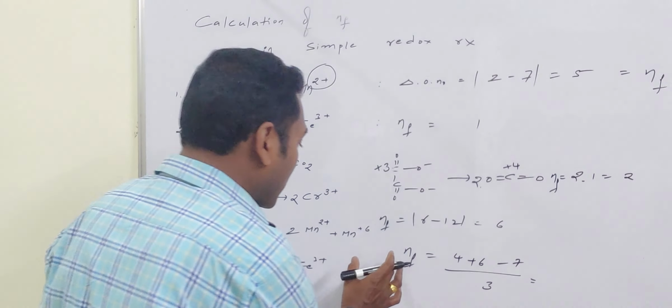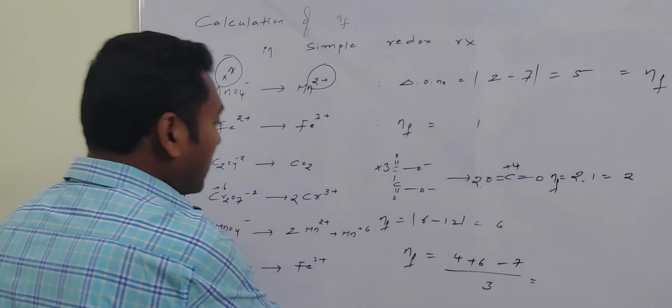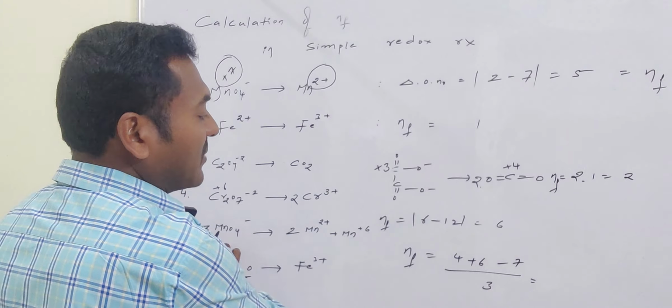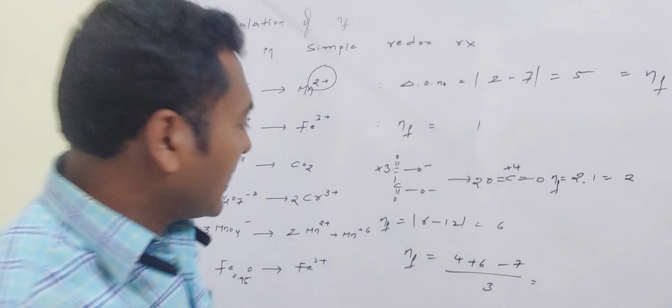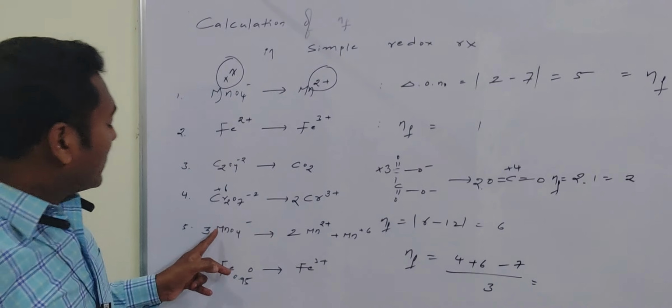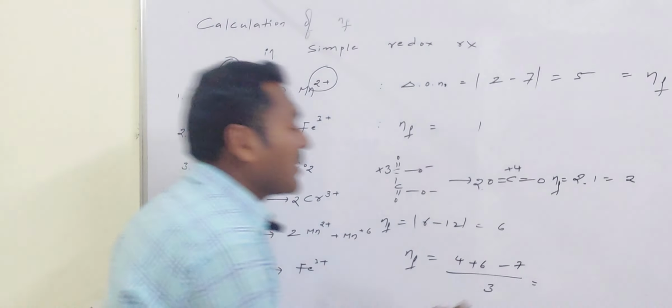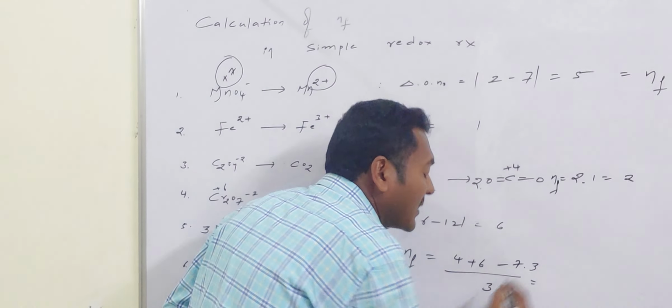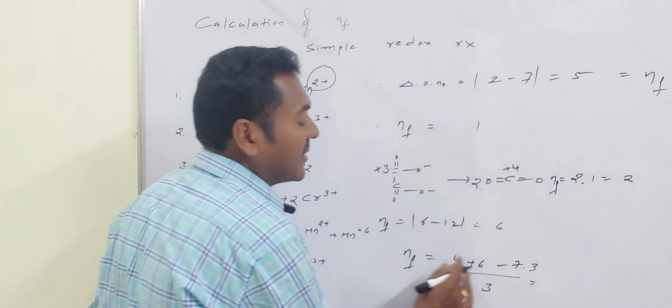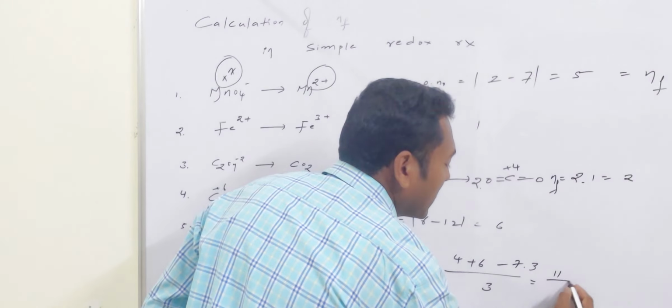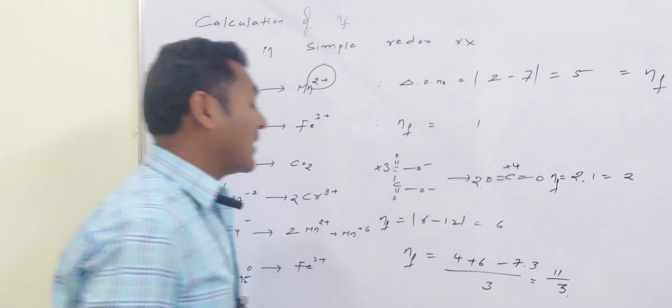This is possible for the 3 MnO4s. So for MnO4 there is a slight difference. Here there are also 3 manganeses, and each has 7, so for 3 manganeses, 7 into 3 is 21, and 21 minus 10 is 11. The magnitude is 11 by 3, which is the N factor value.